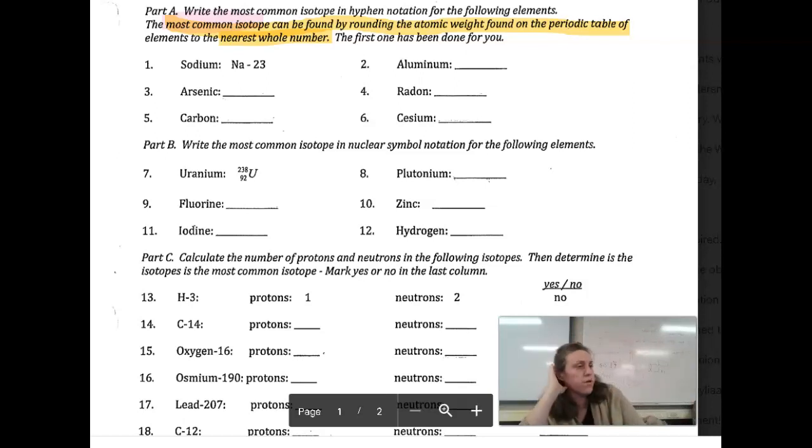So if you notice that we have sodium, sodium is Na. If you need to highlight that, go ahead and pause and highlight that.